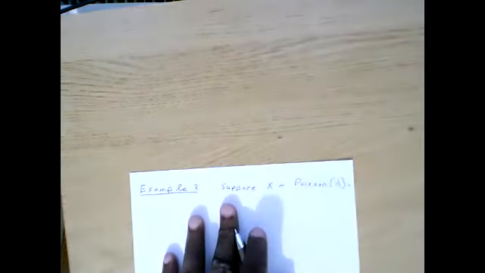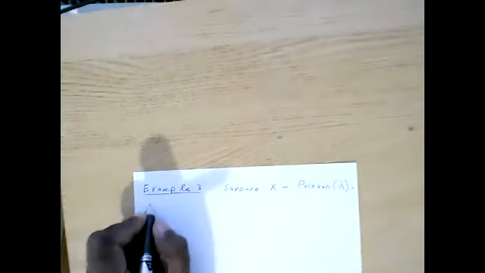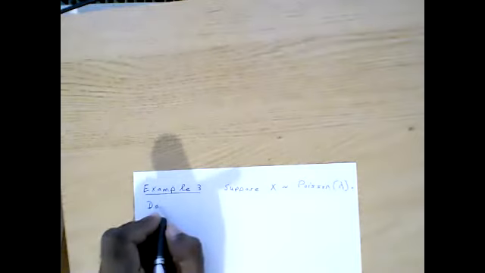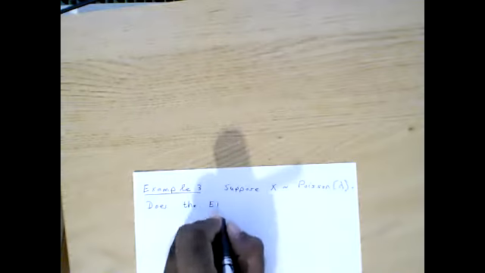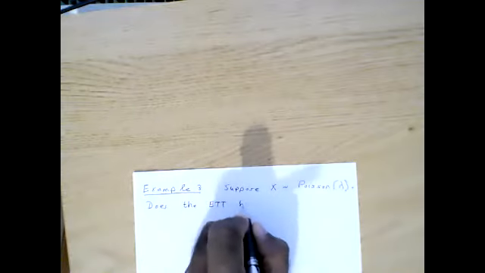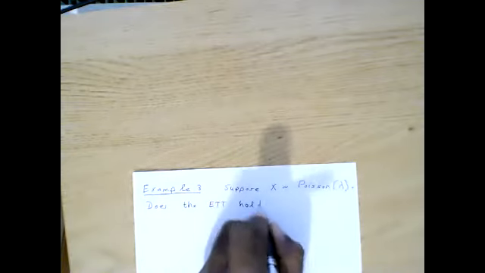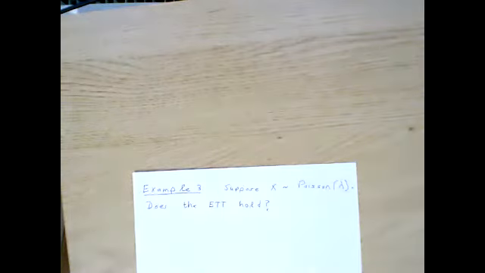Suppose x is a Poisson variable with parameter lambda, right? And does the ETT hold? That's the question.